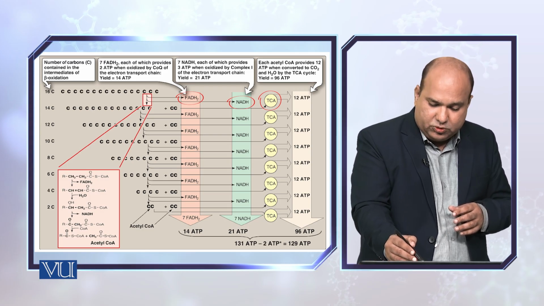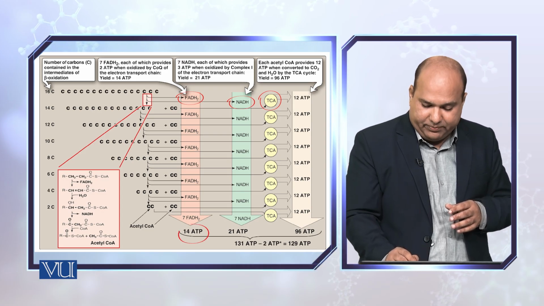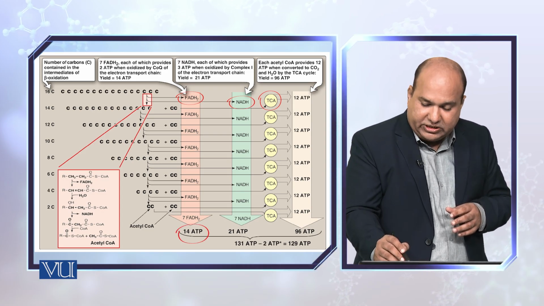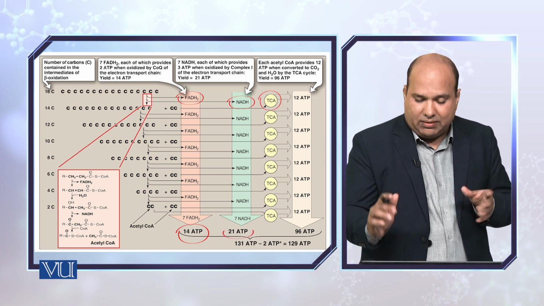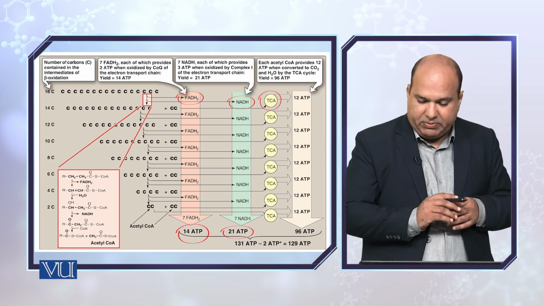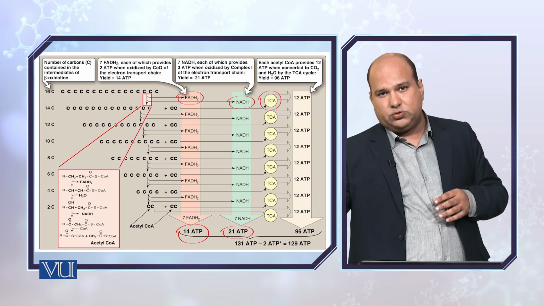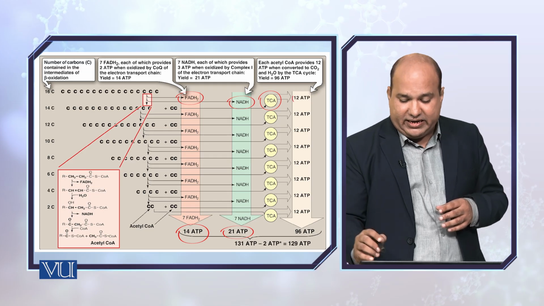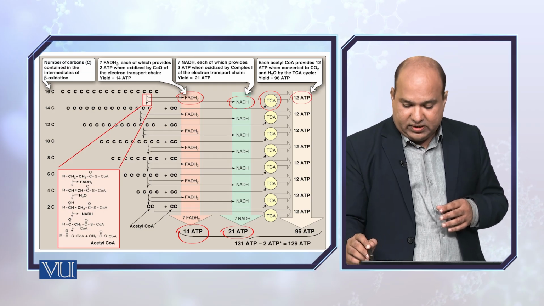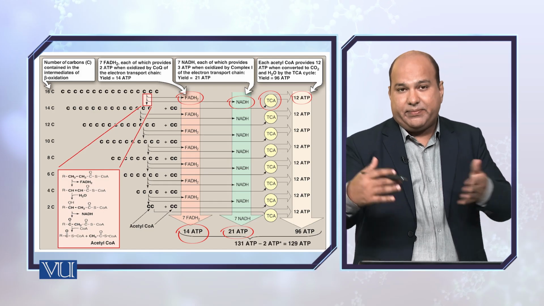Each FADH2 contributes 2 ATP molecules, so 7 FADH2 give you 14 ATP molecules. Each NADH2 molecule gives almost 3 ATP molecules, so you get 21 ATP molecules. Each acetyl-CoA which goes into the Krebs cycle gives you 12 ATP molecules.